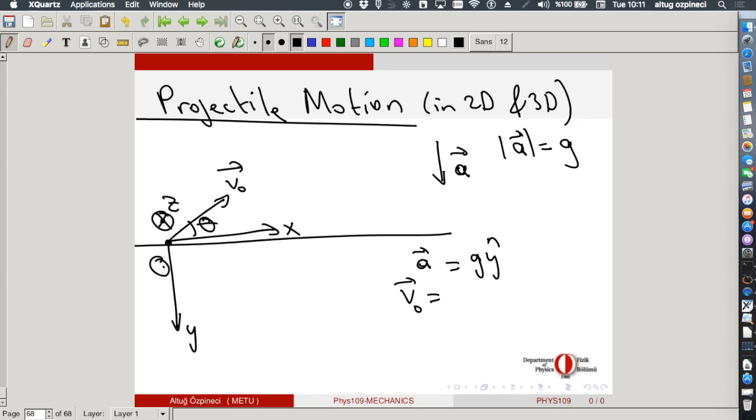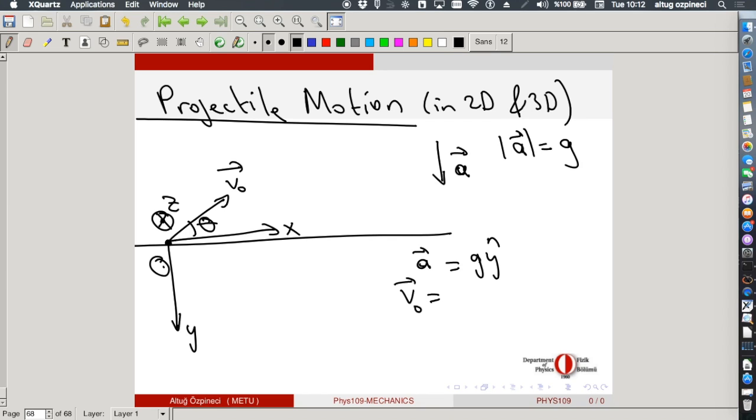Now, if you look at this V0 vector, this is a natural choice for the y direction because the acceleration vector is pointing in that direction. You could have as well chosen it to be upward, that's also fine. But this vertical direction is a natural choice for one of the axes because the acceleration is pointing in that direction. Once you choose the y-axis, you can write V0 as a vector in the y direction plus another vector perpendicular to the y direction.